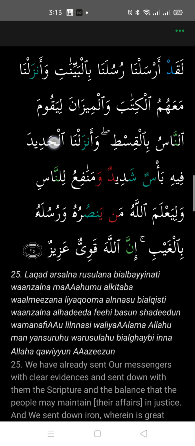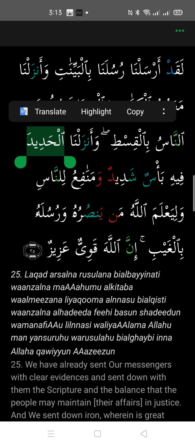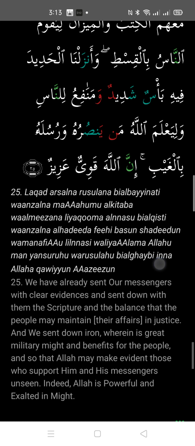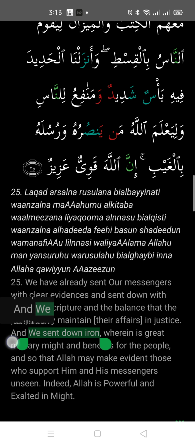And here we have the mention of iron, al-hadid. Translated from Arabic to English, iron. Here we have, we sent down iron.